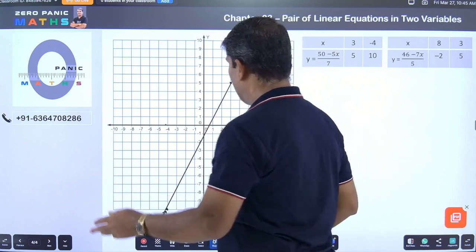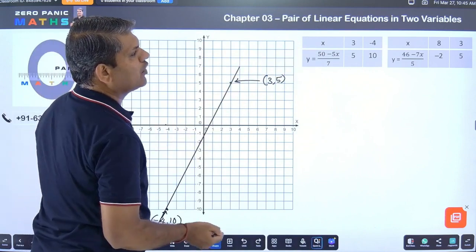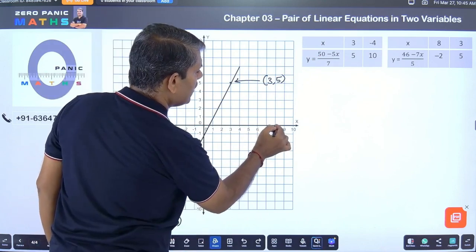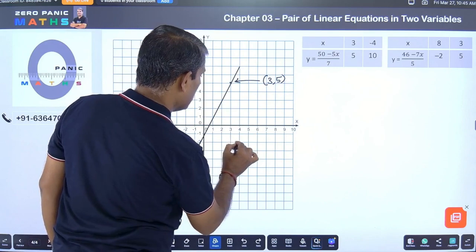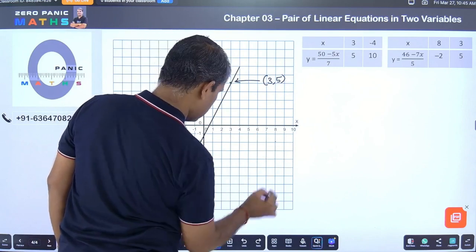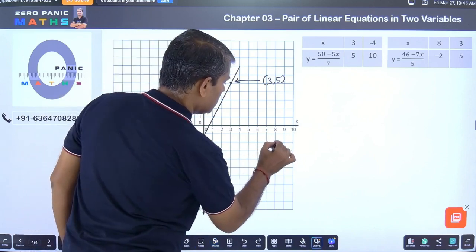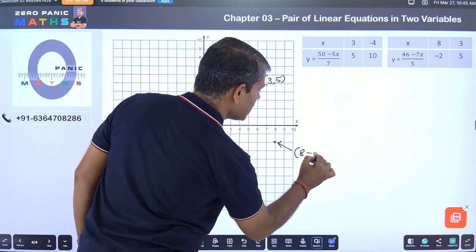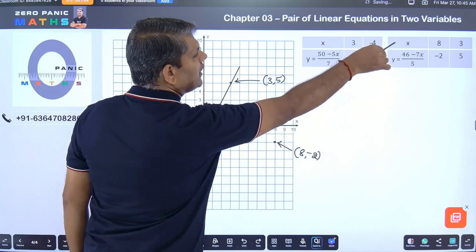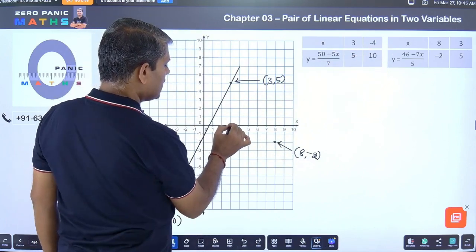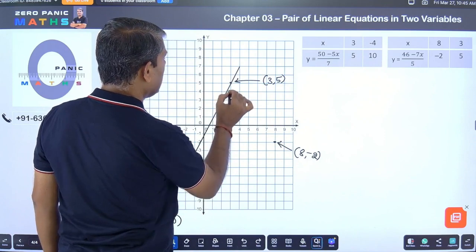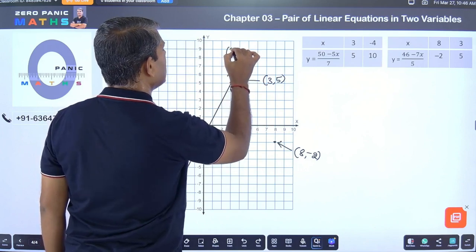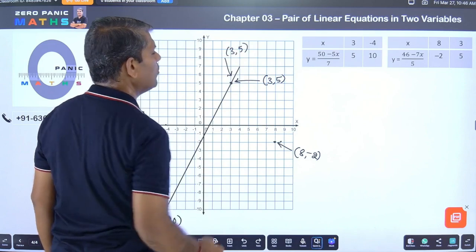Now let us identify the coordinates of the second line. 8, minus 2. 8 is my x coordinate and minus 2 is the y coordinate. So this is that point. Secondly, (3, 5). 3 is the x coordinate and 5 is the y coordinate. So this is actually one point that we have in common for both the lines.